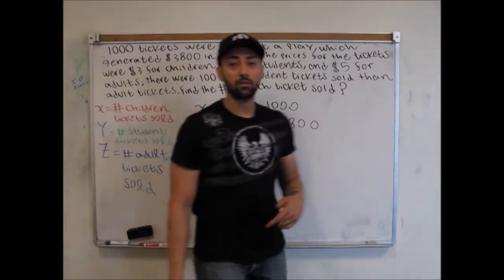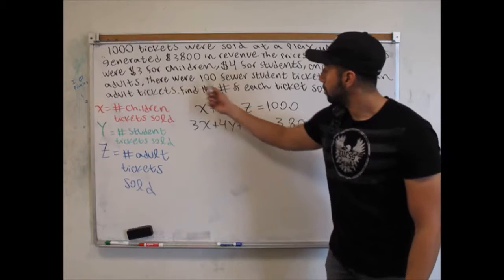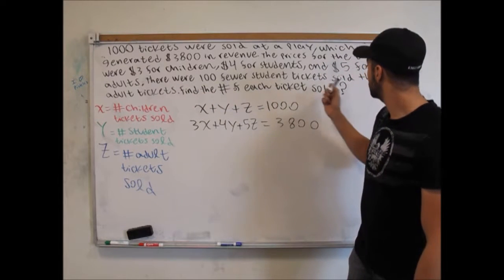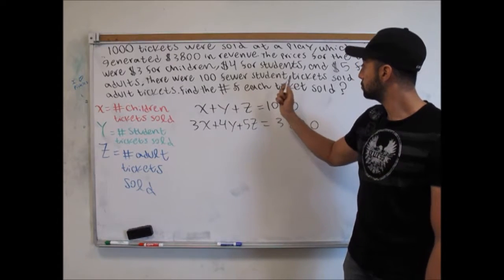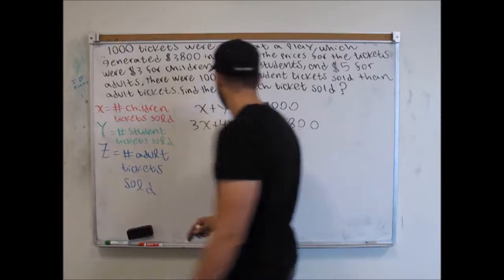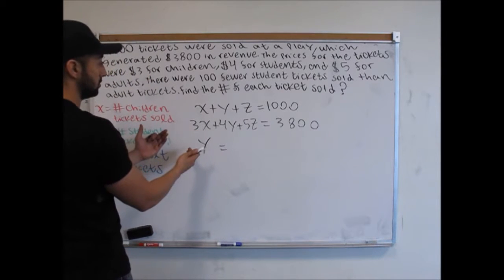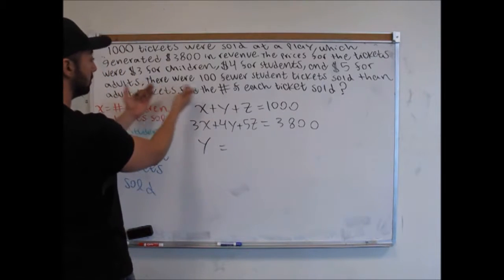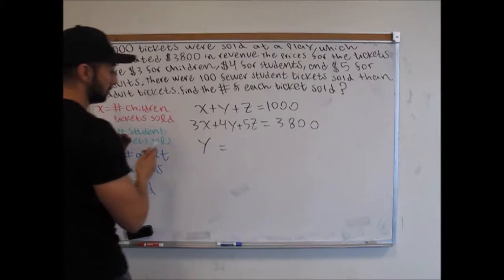Now the last one's going to come from that funky sentence right here, where it says there were 100 fewer student tickets sold than adult tickets. So since we're talking about student tickets, I'm going to go ahead and say y equals, right? So the student tickets, there was 100 fewer student tickets sold than adult tickets.